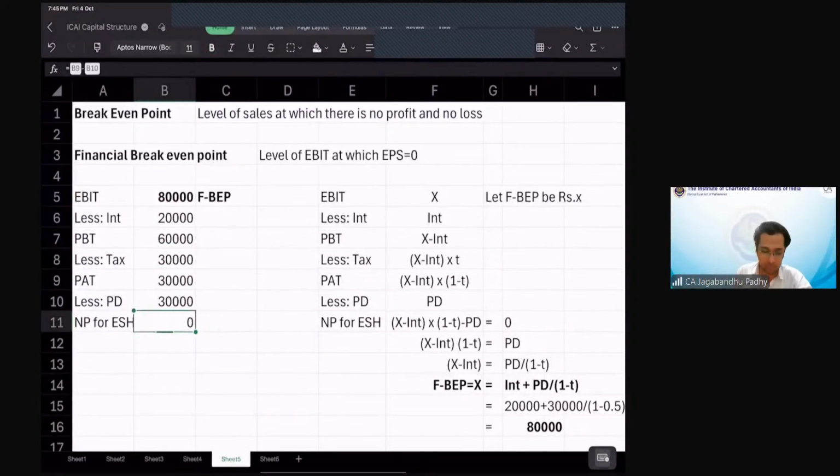I said the financial break-even point be rupees X. And what is the financial break-even point? It is that EBIT at which your EPS is becoming 0. EBIT can be anything, but which EBIT is your break-even point? Where the EPS or net profit becomes 0. Okay, sir. Thank you.